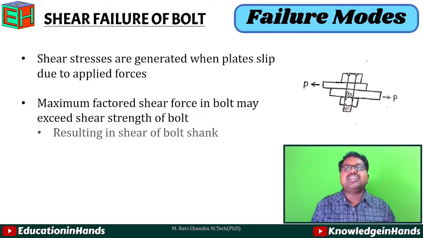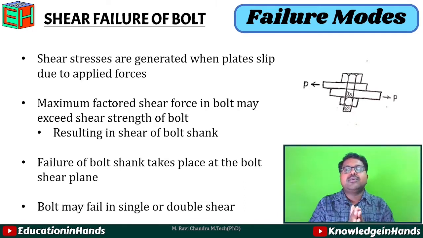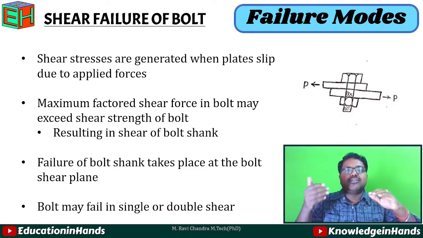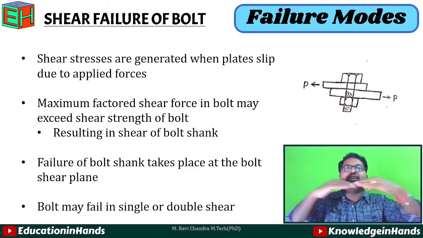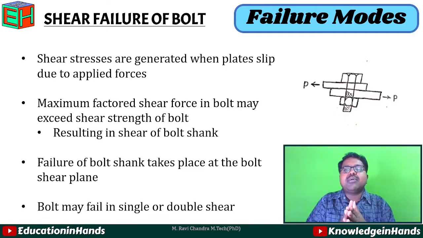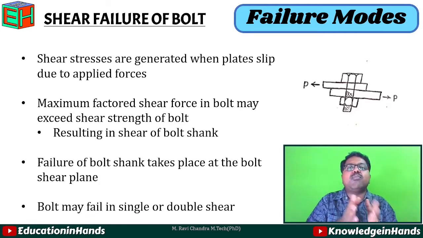First one is shear failure of the bolt. Whenever shear stresses are generated in a member or in a connection, the plates slip due to the applied forces. So when two plates are connected, due to the shear stresses, the plates will try to slip. At that time, the maximum factored shear force in the bolt may exceed the shear strength of the bolt.